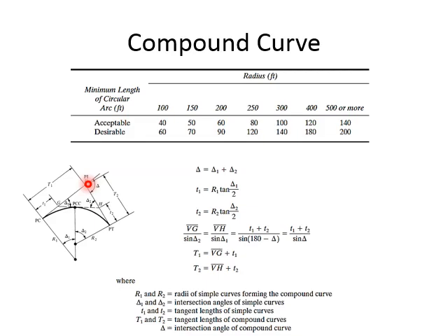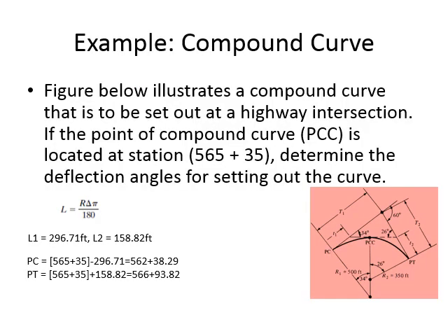Okay, so if you add t1 plus GV or VG, you will get the tangent length from PC to PI, and same thing here. If you want this tangent length, it will be t2 plus the distance between V and H. Okay, now let us do this example.